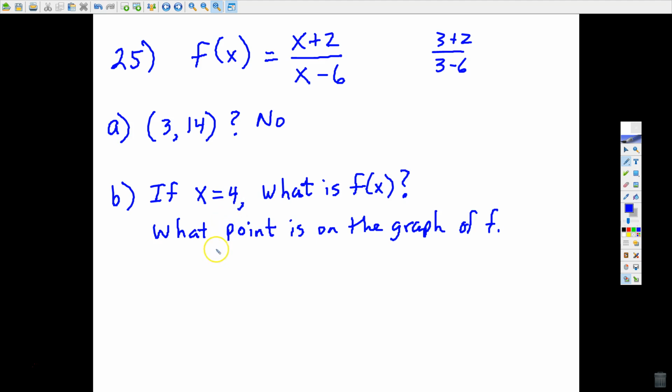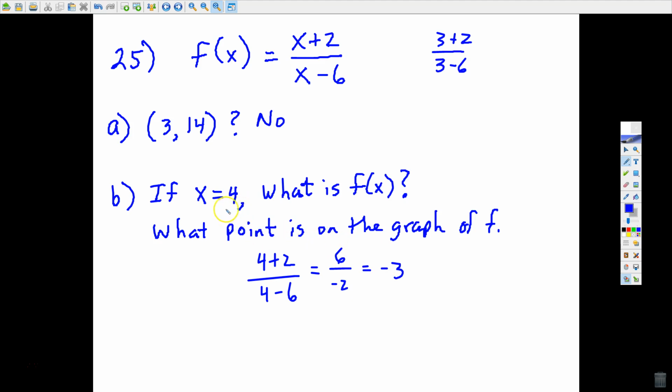Part B, if x is 4, what is f of x? What point is on the graph of f? Okay, if x is 4, then in other words, we're going to evaluate f of 4. 4 plus 2 over 4 minus 6. 4 plus 2 is 6 over negative 2, and that's negative 3.